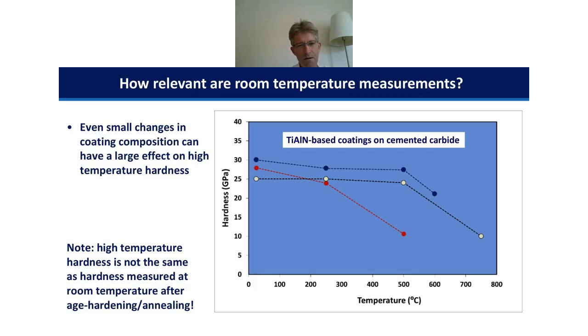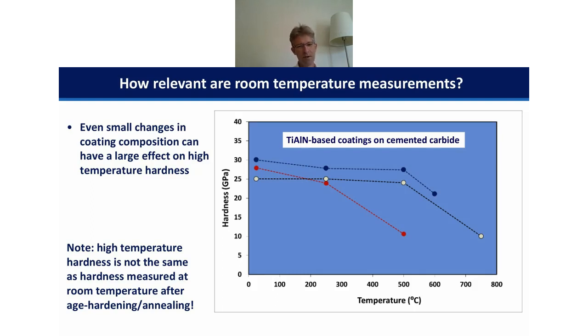But if the frictional heating in the application raises the temperature up to say 500 degrees, what we can see here is that the red coating there is much less thermally stable than the other two, so therefore its performance is very likely to be, and indeed is, much worse in high-speed metal cutting than these other newer developed coatings that you see there that have a better high-temperature performance.